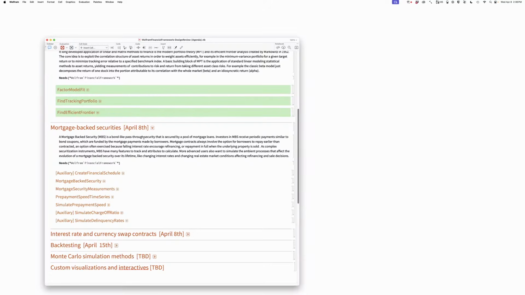Okay, so MBS. The underlying idea here is you don't just have a mortgage, you have a whole pool of them, and you're investing in it like a bond, and all the cash flows pass through from the underlying mortgages to the bondholders. So you've got the complexities of an ordinary mortgage plus the fact that there's all of them in a pool. You need to be able to understand how these things are going to behave under different assumptions and conditions. The main thing to understand about mortgages is that they always have an embedded option of the ability to repay them early, which people often exercise to refinance or because they sell the house.